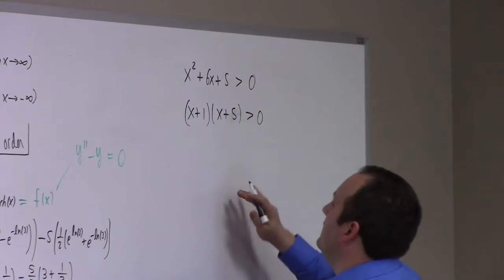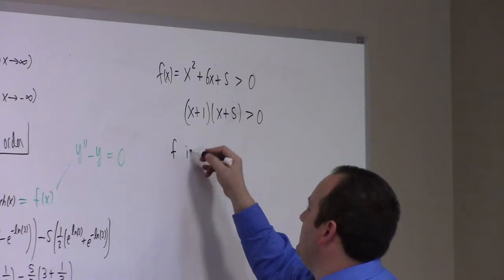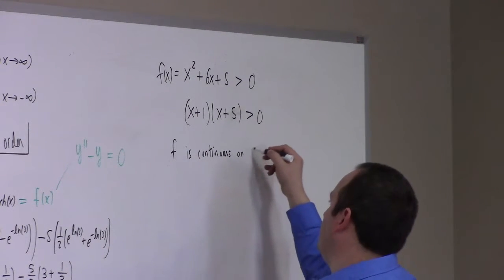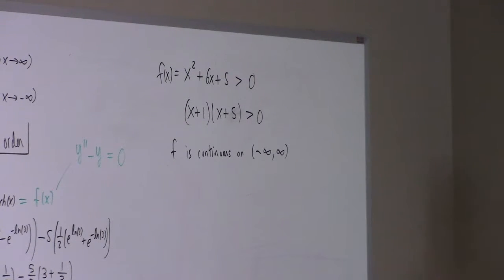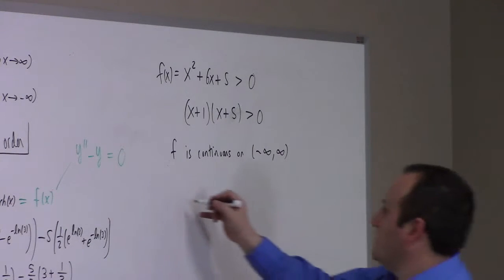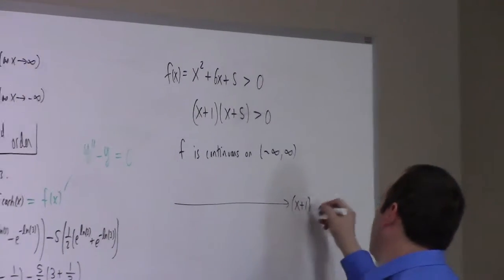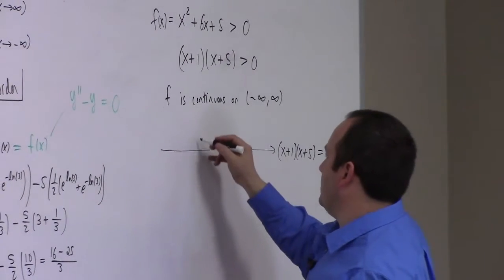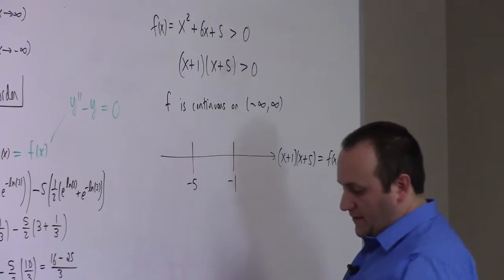If I look at this as f of x, I have that f is continuous on the whole real numbers. So I have a continuous function on a connected set, and I can apply the intermediate value theorem. And if I draw a sign chart and put little tick marks at minus 5 and minus 1, then you think about things.